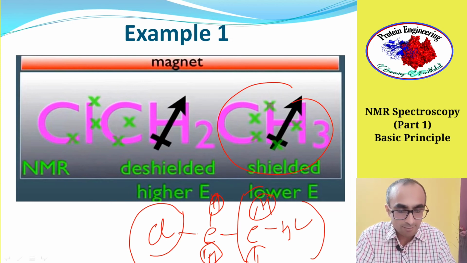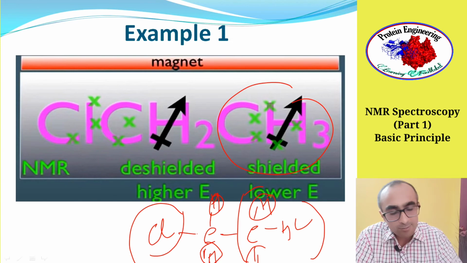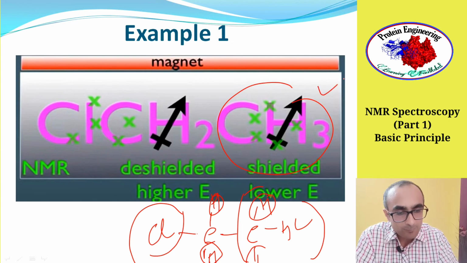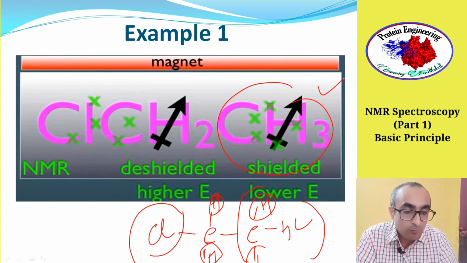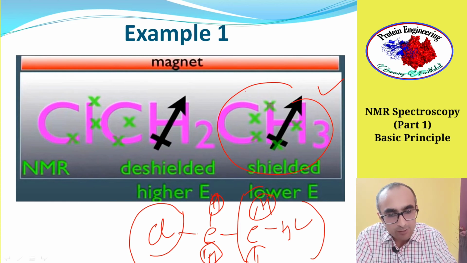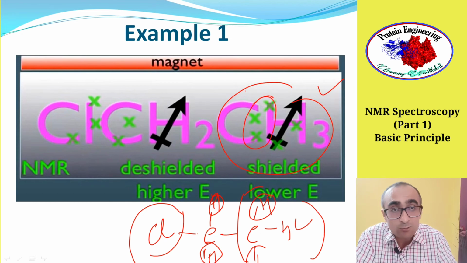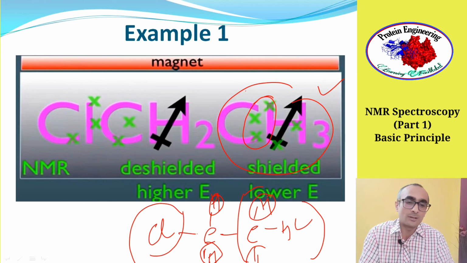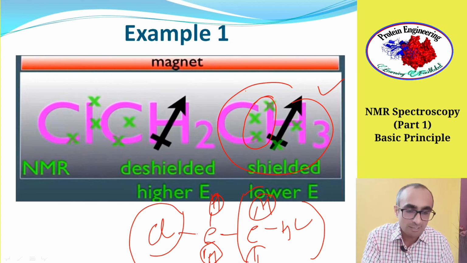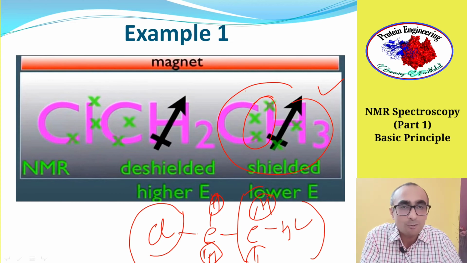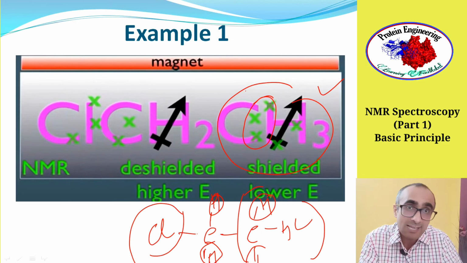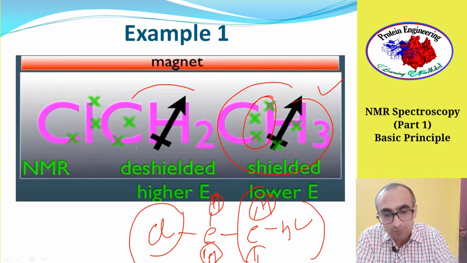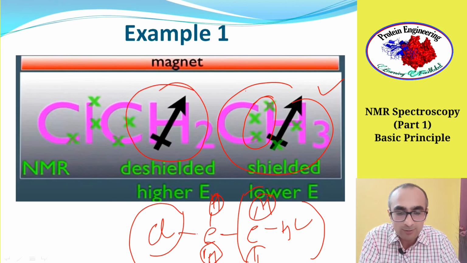And one more thing here, the CH3 protons are the most shielded here. Most shielded means the electrons from the carbon would be in the vicinity of these protons. That will make them more shielded, and we know that shielded protons absorb less energy in order to come into resonance. Whereas these methylene group protons are deshielded.